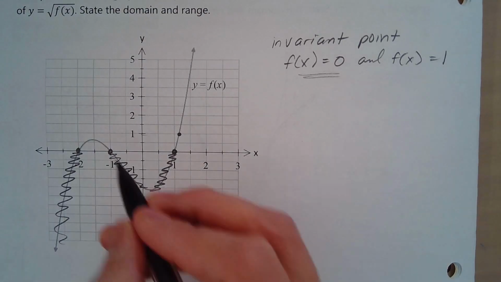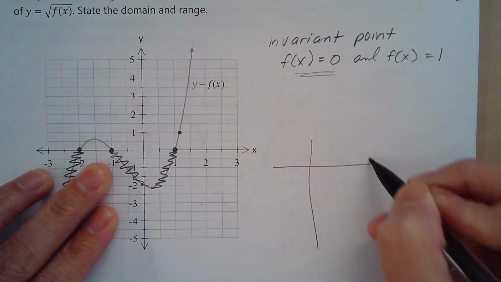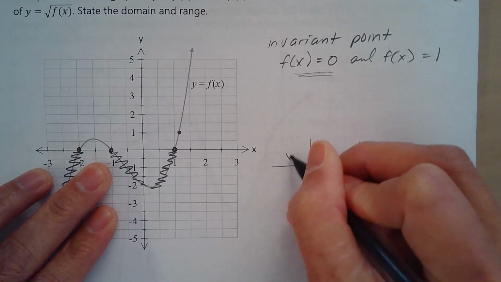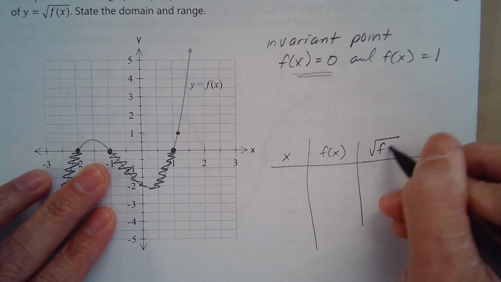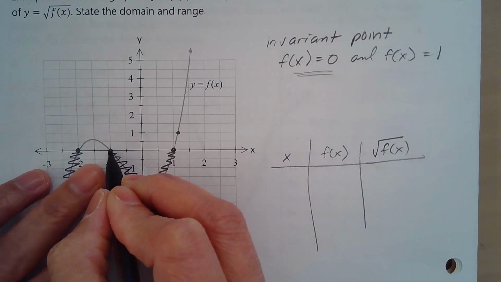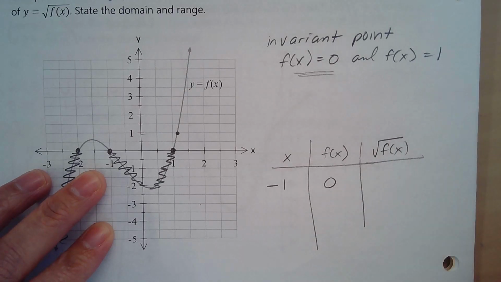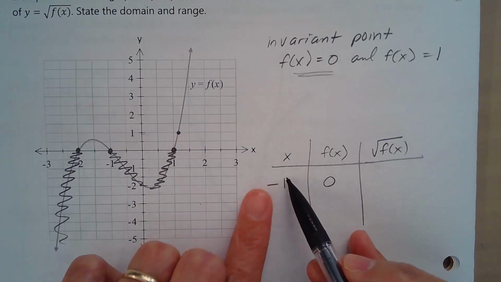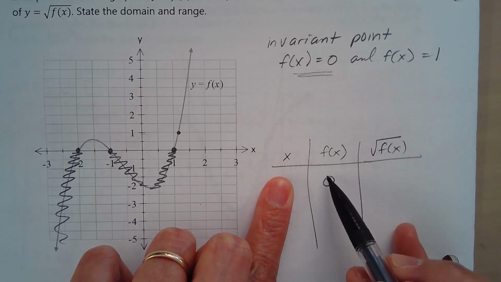Oh no, because this one here, okay, let's take a look. I think I know what you're saying. So x, f of x, square root of f of x. So at this point, it's going to be negative 1, 0. And then we're actually not taking the square root of a negative 1. We're taking the square root of 0.